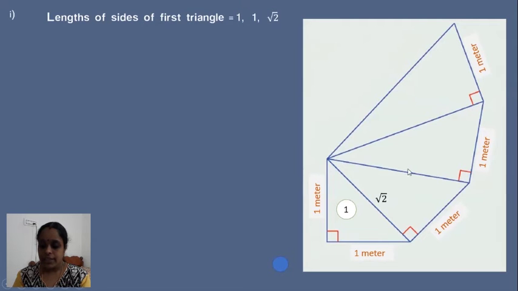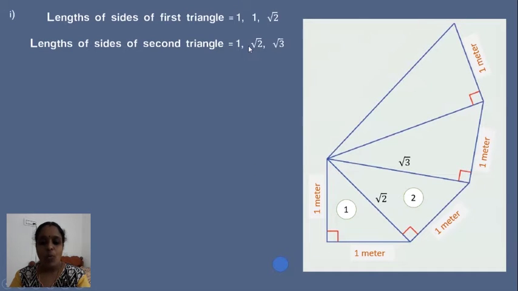If we take this triangle, the second one, here the lengths of sides are 1 meter, √2 meter. So the hypotenuse is of length √3 meter. So we can say the lengths of sides of second triangle is equal to 1, √2, √3.